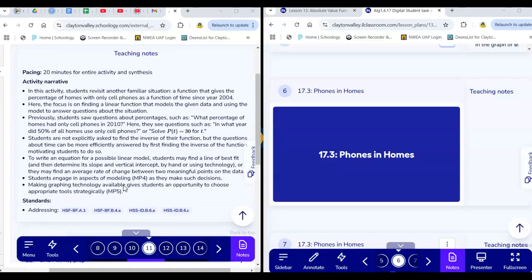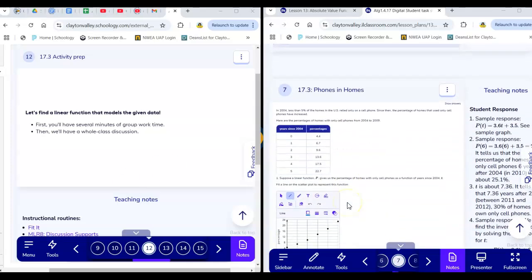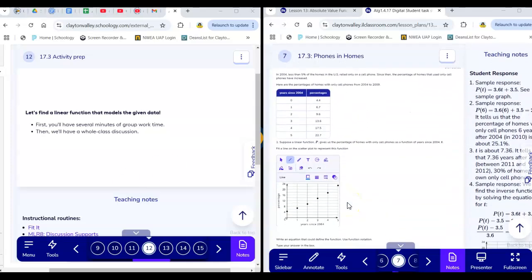So now we're going to move to the last activity, phones in homes. Okay. So here you have a situation. You have a certain number of homes in 2004 relied only on a cell phone. Since then, the percentage of homes that used only cell phones have increased. We already talked about this situation in another lesson.